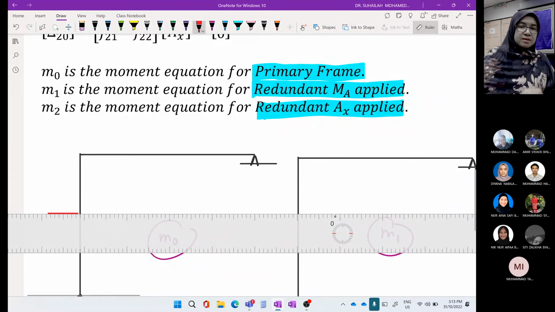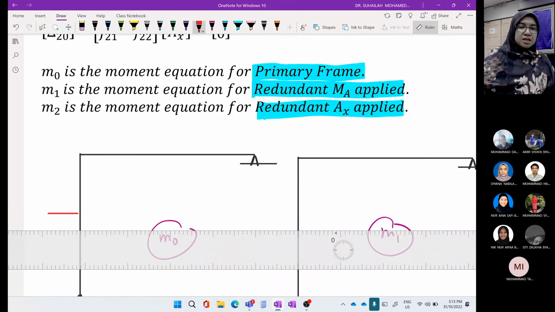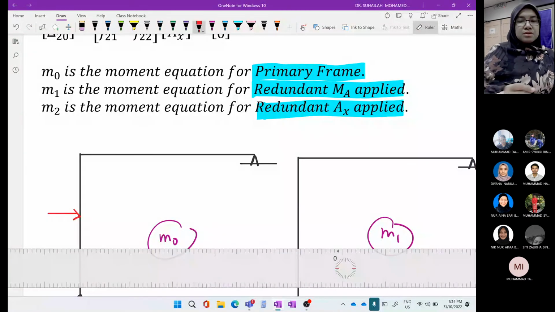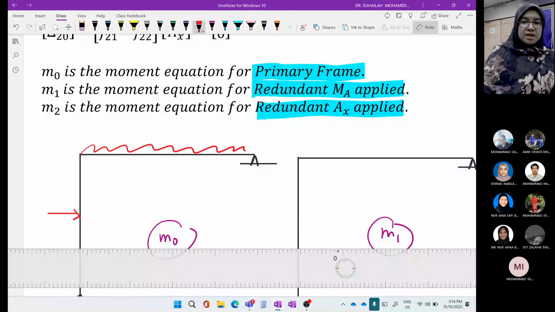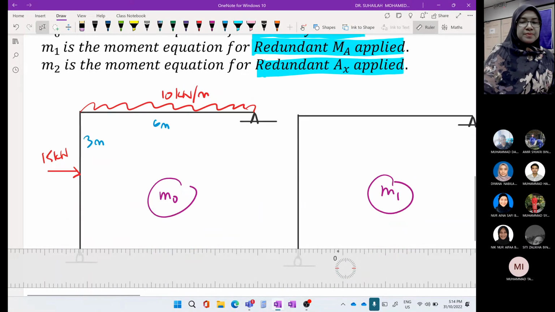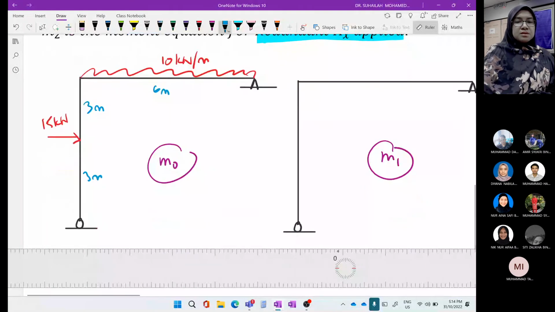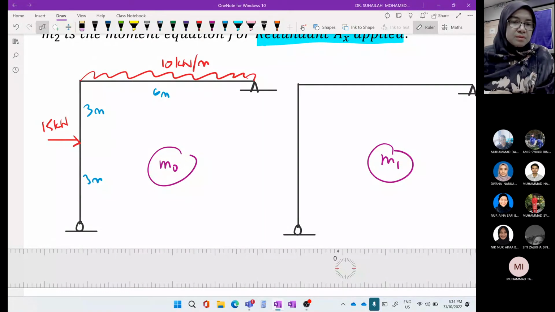This one is a 15 kilonewton point load. 10 is 10 kilonewton per meter, a uniformly distributed load. The spans are 3 meter, 6 meter, 3 meter. Assume that the 15 is subjected at the center, 3 meter, 3 meter.